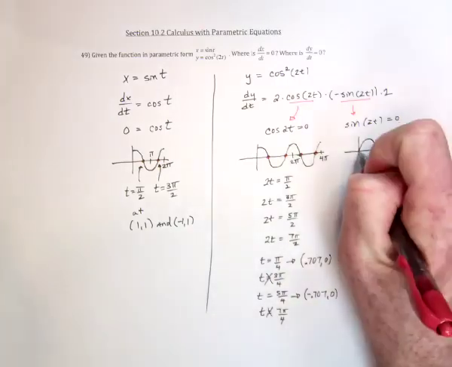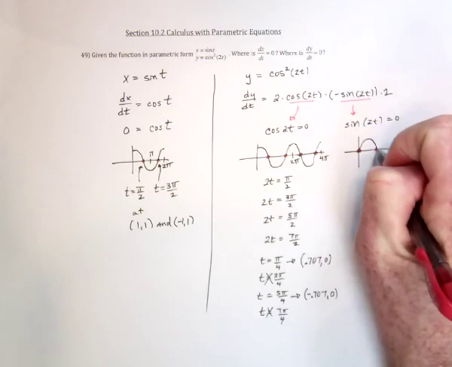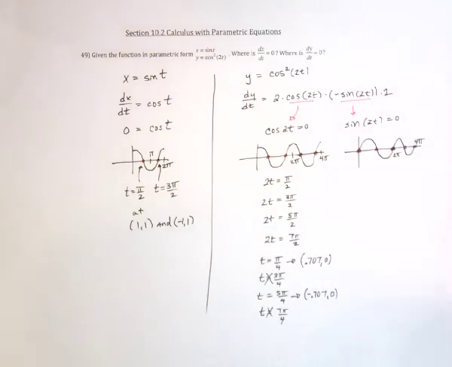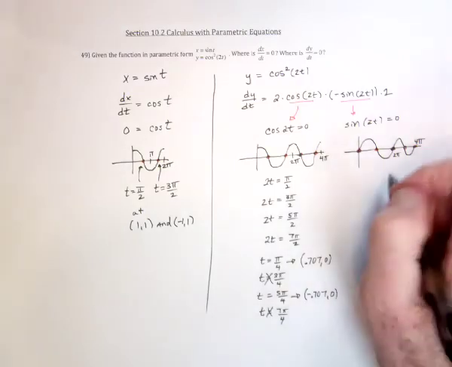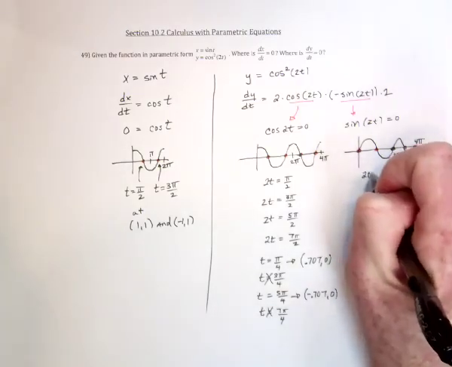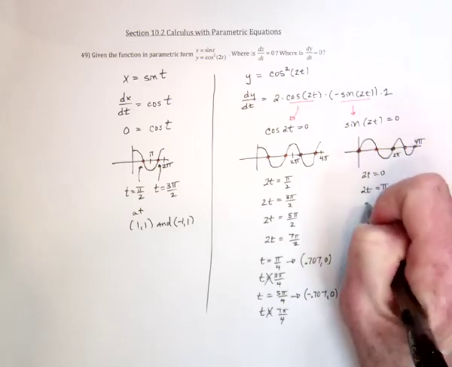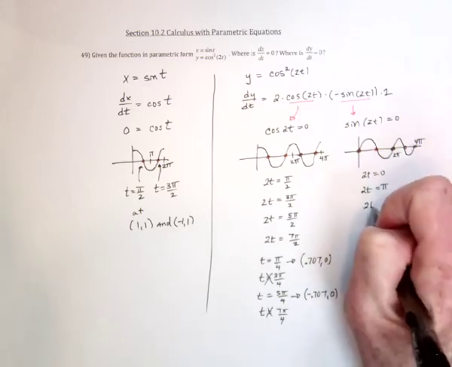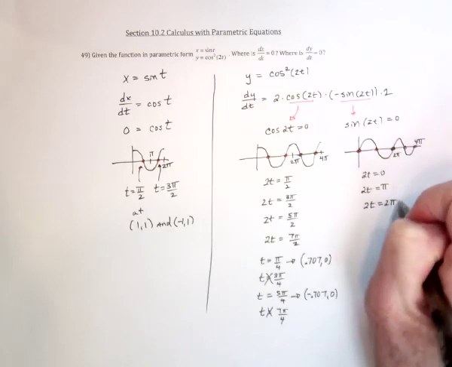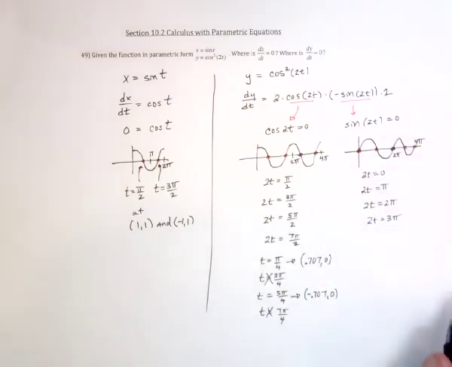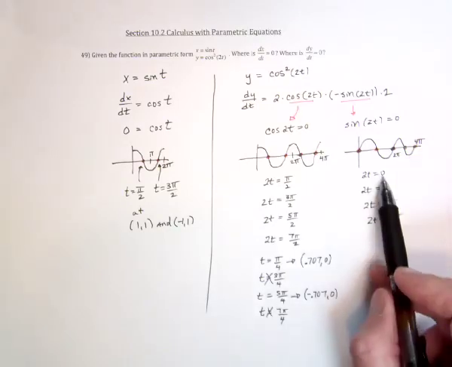So we would have 0 and pi and 2 pi and 3 pi and 4 pi. And then all of those are equal to 2t. So we'd have 2t equals 0, 2t equals pi, 2t equals 2 pi, 2t equals 3 pi. And then I don't really have to do the 4 pi because that is the same information as that.